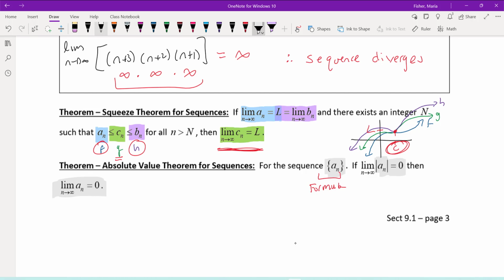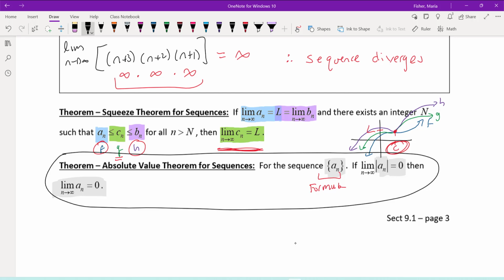Basically, if you have a sequence that alternates between positive and negative terms, and you take the absolute value of that sequence and the limit as n goes to infinity of that absolute value equals 0, then the original sequence without the absolute value will converge, and it converges to 0.